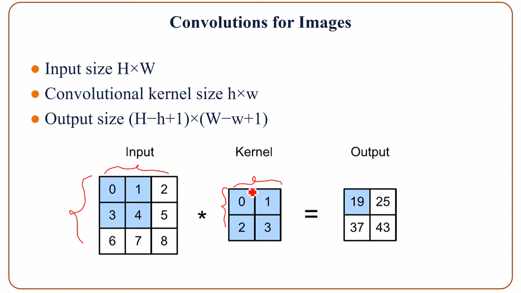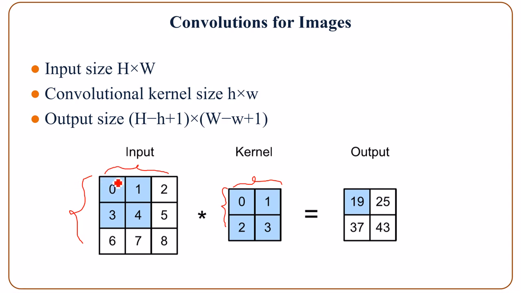So what we do is that we put the kernel on top of the input image and calculate the element-wise multiplications between elements and sum them all together.